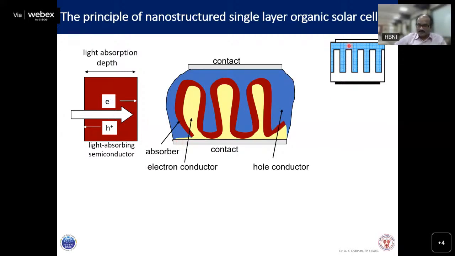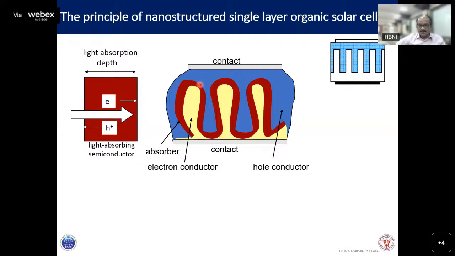Let us see the same structure. This is theoretical, but practically this kind of structure can be made like this. Here you have an electron conductor, here you have a hole conductor, and there is an active layer blend. Active layer blend means a blend of donor and acceptor.